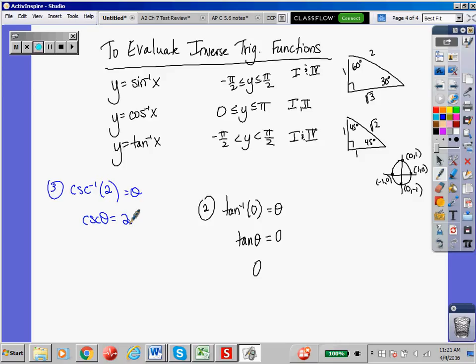But cosecant is the reciprocal of what trig function? Sine. So guess what you can actually do? We can make this, the sine of theta is 1/2, because they're reciprocals. All right, inverse sine is first and fourth quadrant, so when it's positive, it's first quadrant. So what would theta be? 30 degrees or pi over 6.